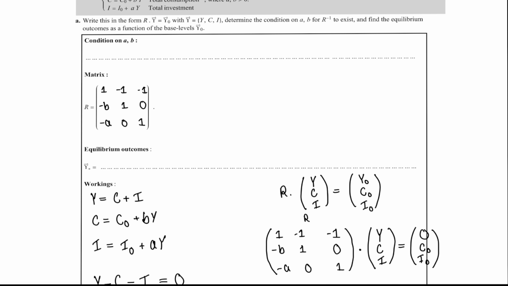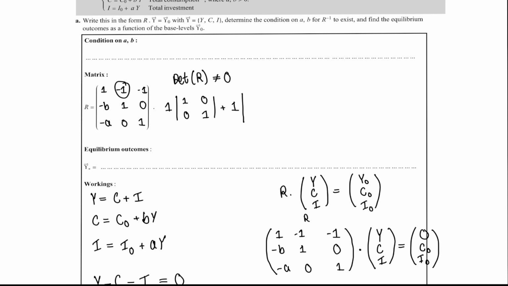Cool. Next part of the question is determine the condition on A and B for R inverse to exist. So R inverse is the inverse matrix. For the inverse matrix to exist, the determinant of R cannot be equal to 0. So if we begin by working out the determinant, I choose 1 and then work out the determinant of the matrix of minor, which is 1, 0, 0, 1.